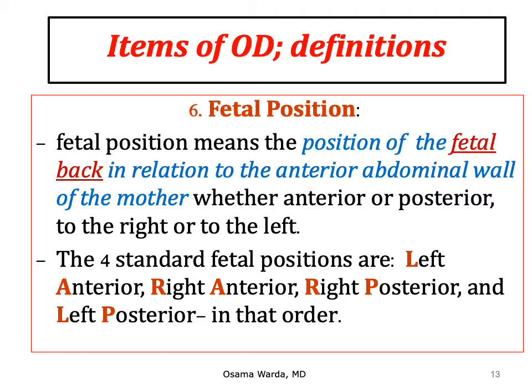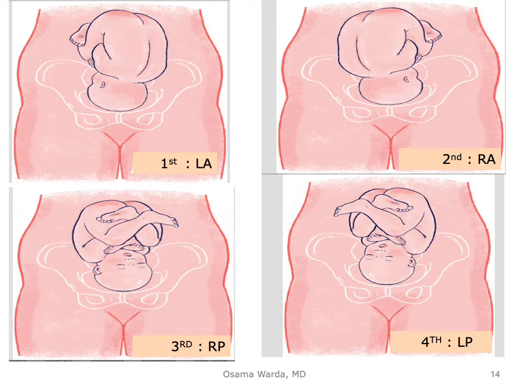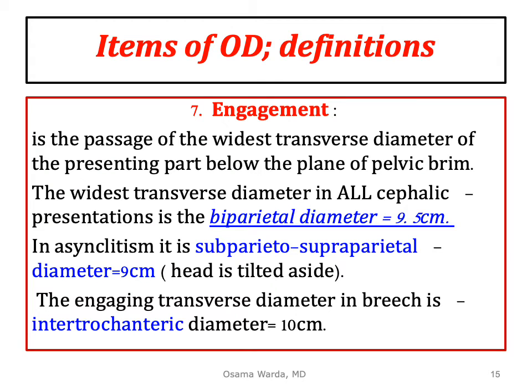And the last, fourth standard position, the back is posterior and to the left. This will be understood well when we discuss the umbilical grip for detection of the fetal position. These are examples of the 4 standard positions.